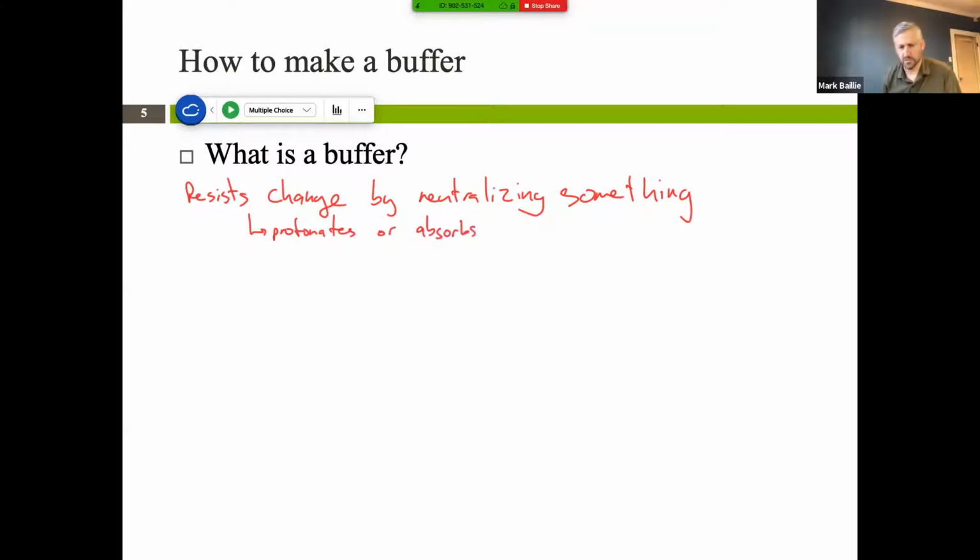I'm not quite sure what the absorbs part means, but maybe we'll flesh that out as we keep talking through this. Lauren, were you in a different group than Sydney? We were in the same group. Did you want to add anything to that? She pretty much covered everything we said. It just helps to maintain the pH. Okay.